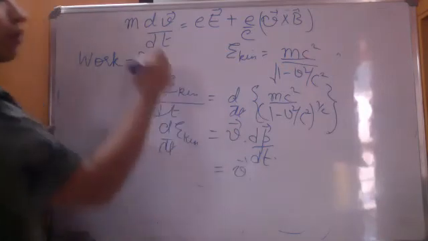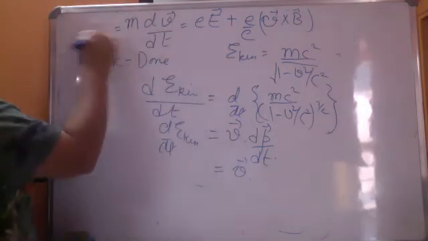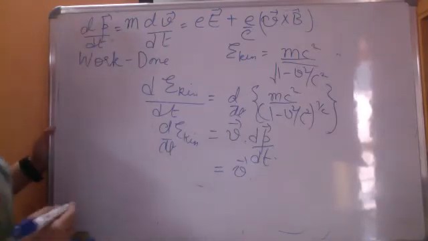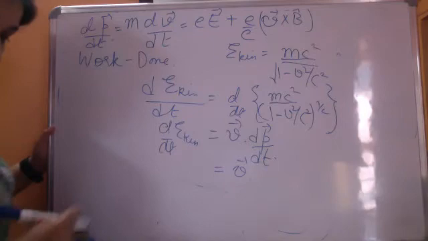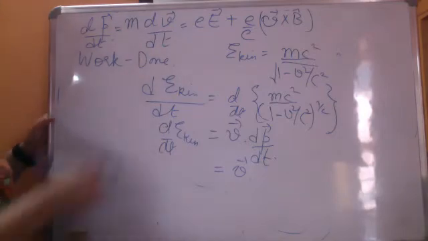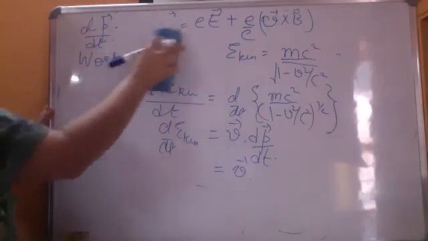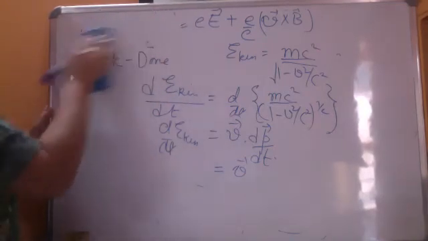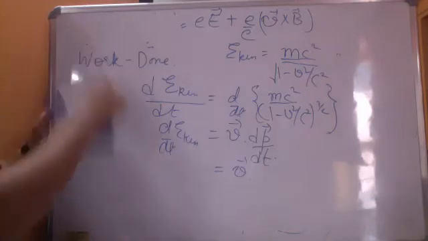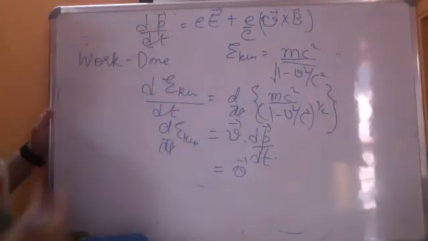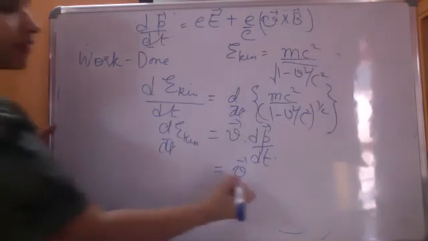If I substitute for dp by dt from here, in fact this expression was not m dv by dt, sorry, it was actually dp by dt. It was only in Newtonian physics that the left hand side reduces to m dv by dt. Otherwise, the Lorentz force was actually dp by dt.